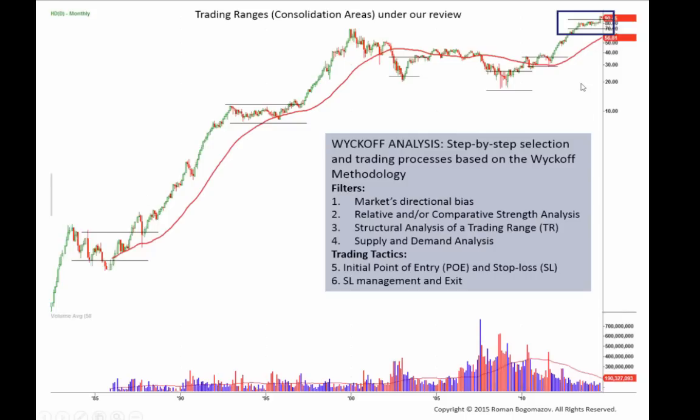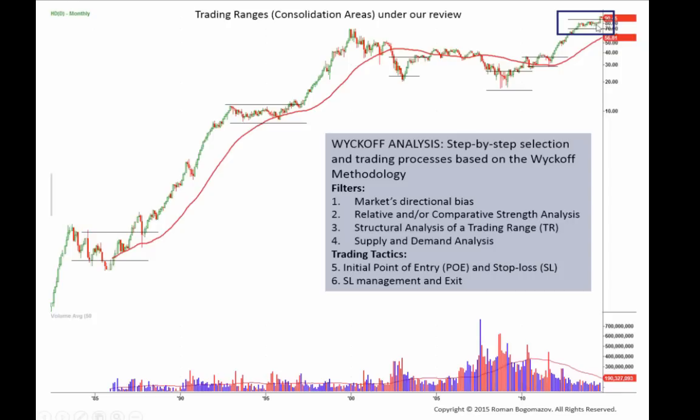So for those of you who are intraday traders or swing traders, this is also relevant to your time frame as well, because the structure or the consolidation, the trading range, is always going to have the same principles behind how it's being constructed, or how specific points are going to be tested, or what should happen after the price moves out of the trading range, and so on and so forth.